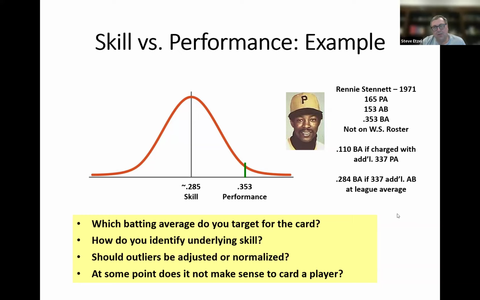He had 165 plate appearances, and he hit .353, but he didn't make the World Series roster. So I've got this little graph here, but his performance was a .353 batting average. His underlying skill was he's probably a .285 hitter.